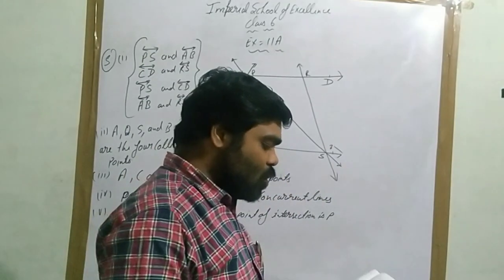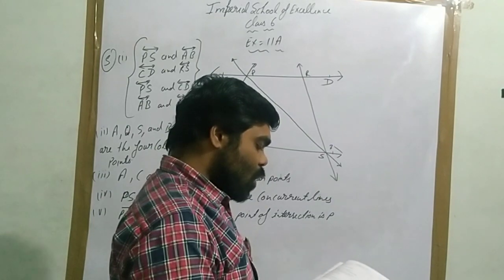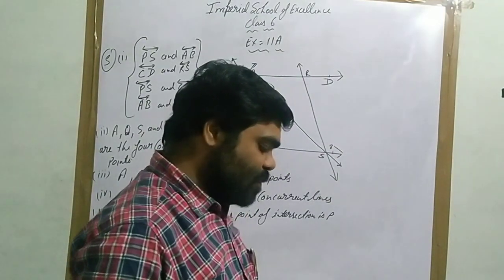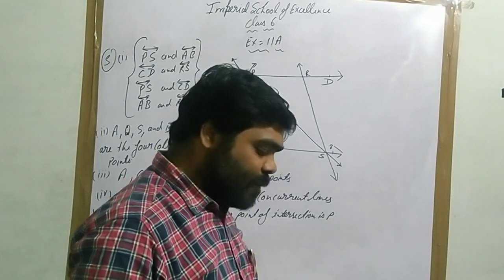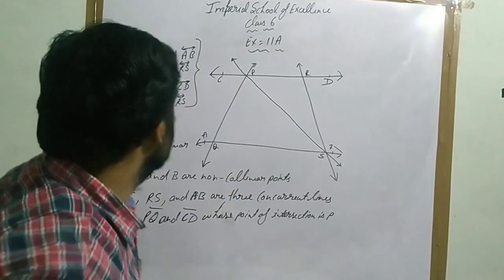Mark three non-collinear points A, B, C as shown. Draw lines through these points taking two at a time. Name the lines. How many such different lines can be drawn? Answer question 6.